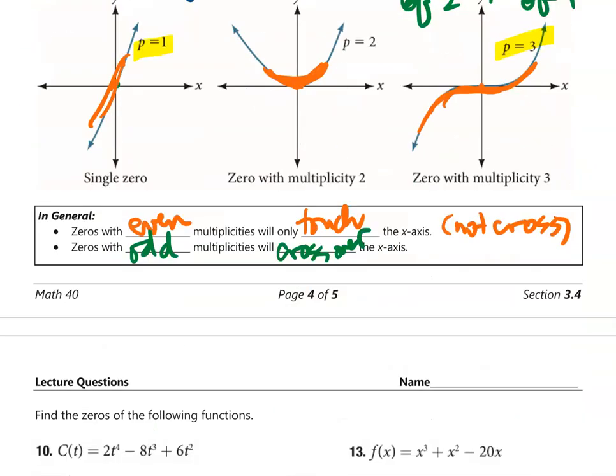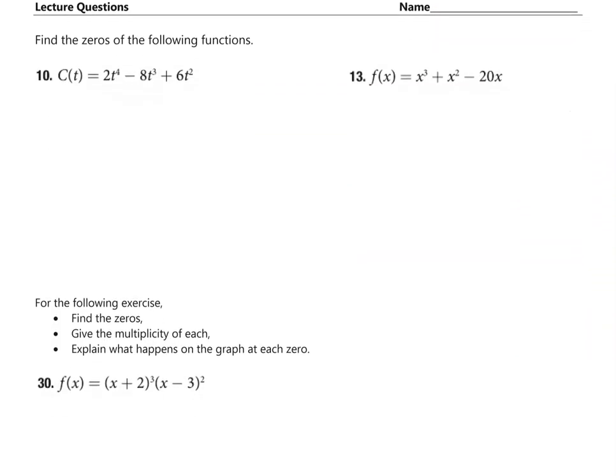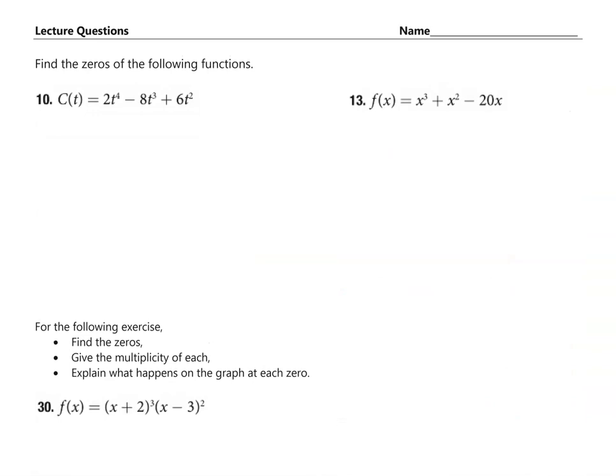Okay, and then now let's work on some lecture questions. This is from the book. Find the zeros of the following functions. Number 10, c of t. So remember, the first thing that you do is set this to 0. So 2t to the 4th minus 8t cubed plus 6t squared is equal to 0.